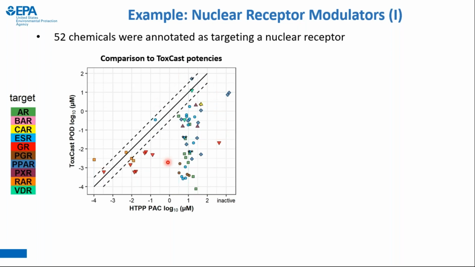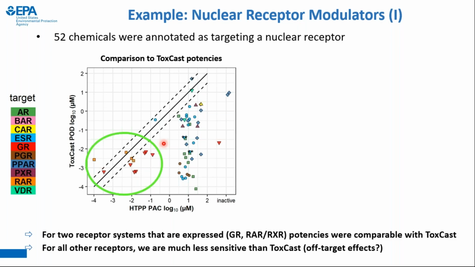There's a big group here for which we really do a poor prediction. But there's a small subset circled here for which the HTPP potencies actually line up quite well with the ToxCast potencies. And it also turns out that these chemicals belong to two particular targets. They belong either to the glucocorticoid or retinoic acid receptor modulators.